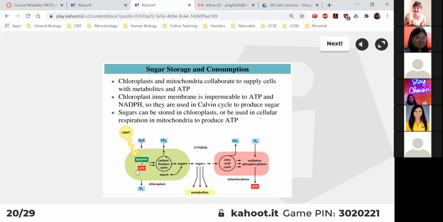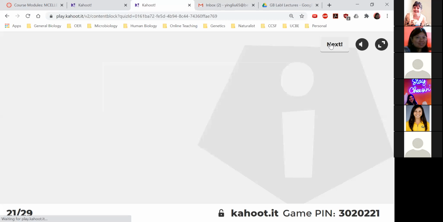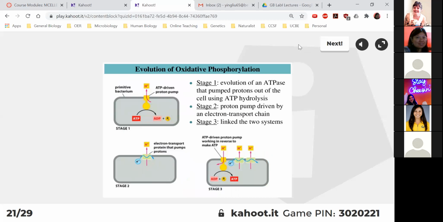Most of the ATP generated in the light-dependent reaction is used for making sugars. And that, of course, is great not just for the plants, it's great for the entire ecosystem, because if they don't make sugars, we won't have a way to get our energy.